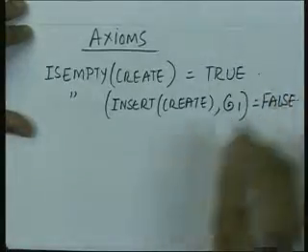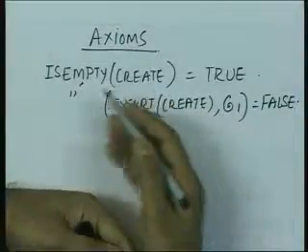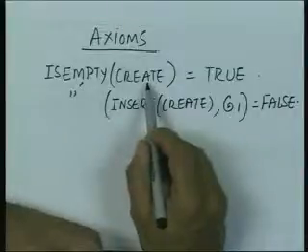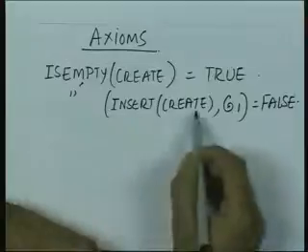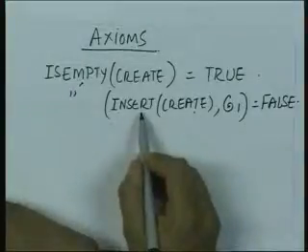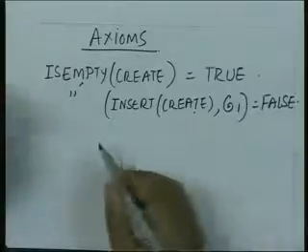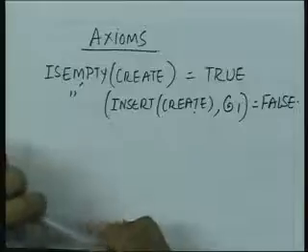What this is trying to say is that if I have just created an empty list and I check the query operator is empty on it, it has to return true, whereas is empty on a list that has just been created but had an element inserted into it is false, and so on. So these are the kinds of axioms that we would end up writing even for the list, just like we had written for a stack, and there are several axioms we can write.